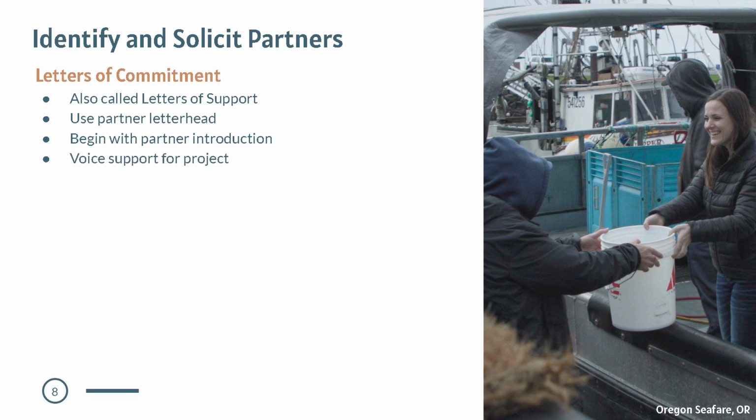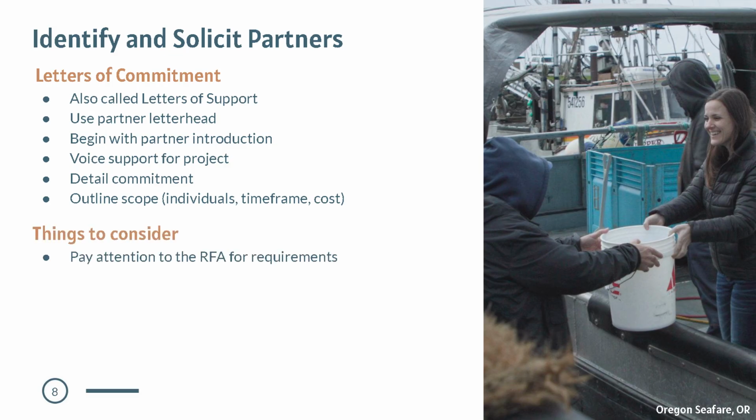Next, the partner voices their support for the project, why they believe that this project is worth funding. Then, the partner details their specific commitment and contribution to this project, including the specific individuals involved, the time frame of their involvement, and the potential cost. Some things to consider.